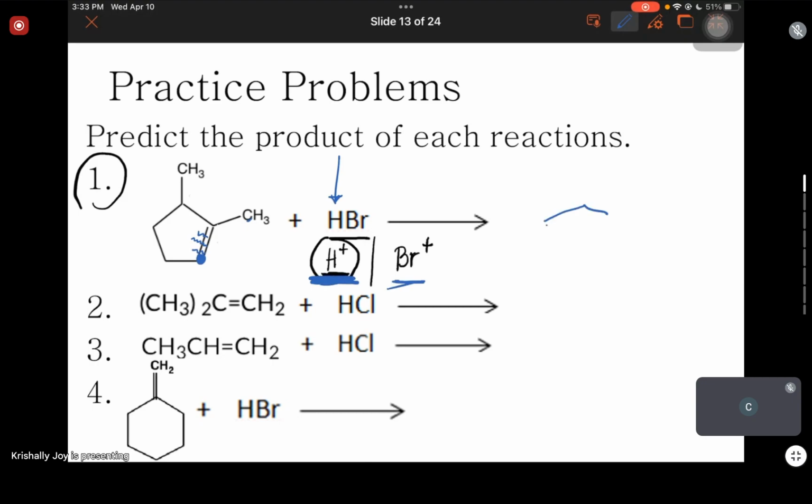So kopyahin niyo yung buong structure. So this is a cyclopentane na may methyl dito, may methyl din sa kabila. So ito yung dalawang carbon, di ba kanina? So yung bromo, it will be added here. Okay? Yung hydrogen, automatically, andyan na yan. Skeletal formula man ito.